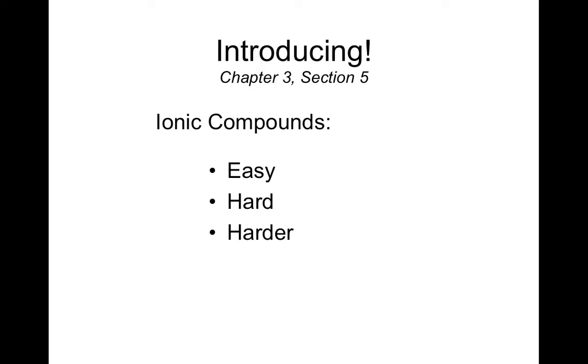Okay, Intro, Chapter 3, Section 5. Ionic compounds, and more specifically, we're going to be looking at formulas of ionic compounds and naming ionic compounds. And we're going to find that there are some easy ones, some that are not easy, and some that are worse than not easy.